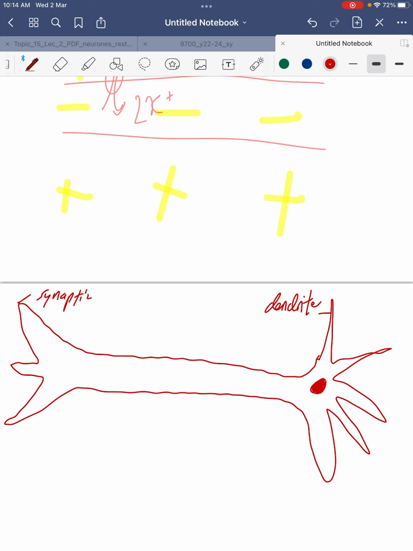Apologize for my drawing here, or knob or terminal. And of course this is the axon here. I'm not going to draw the Schwann cell or myelin sheath, so I'm just going to assume that this is non-myelinated.